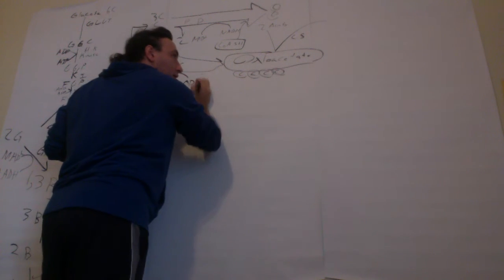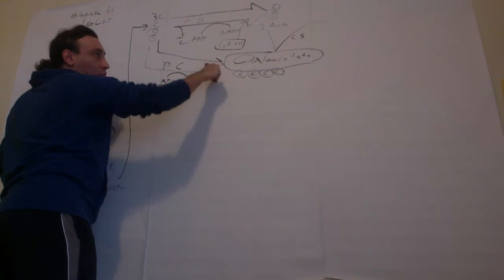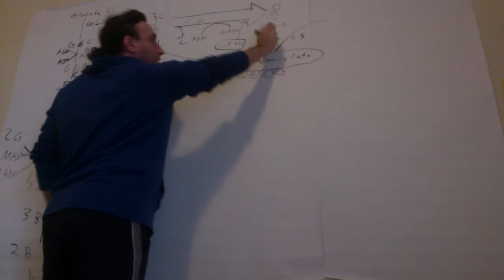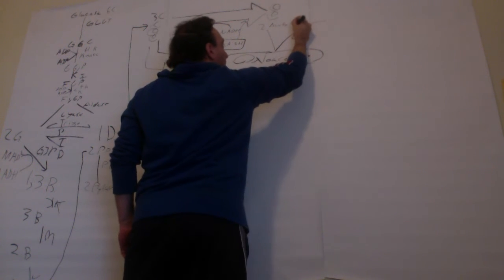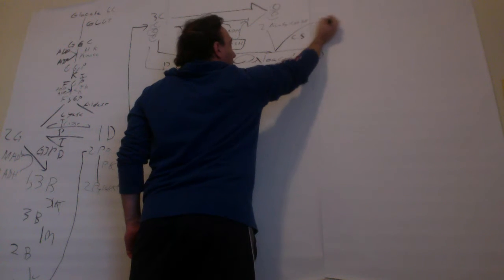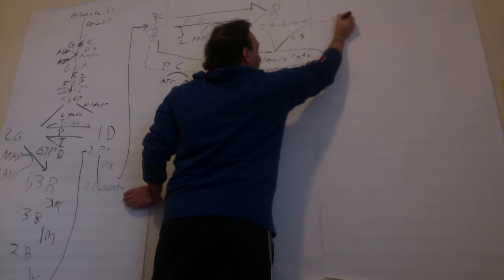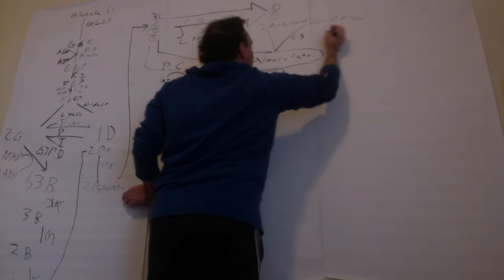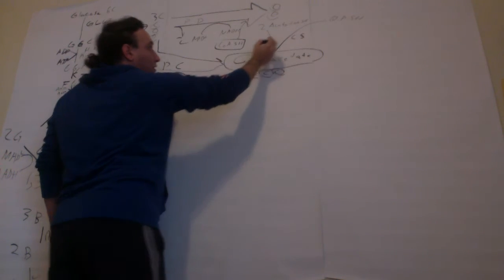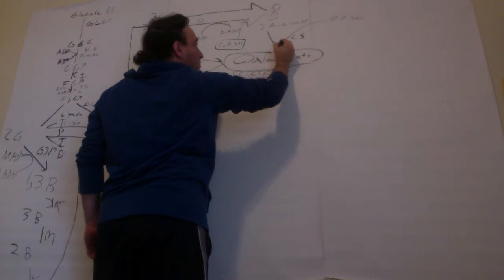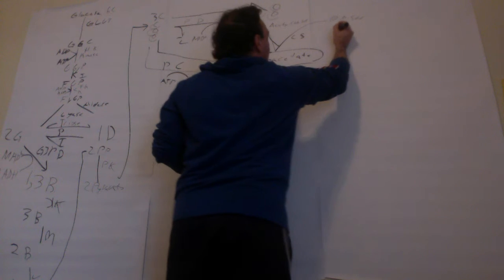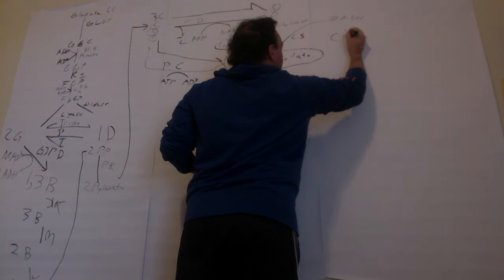This goes to oxaloacetate. This is 2 acetyl coenzyme A, and then it becomes coenzyme A over here. And then the 2 acetyls go in between the oxaloacetate and the citrate.